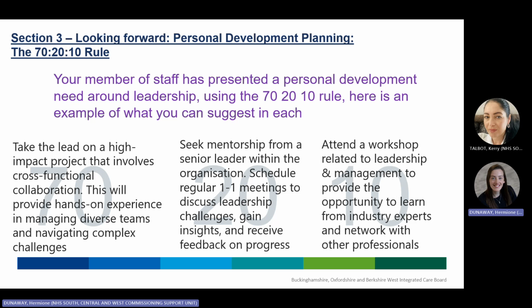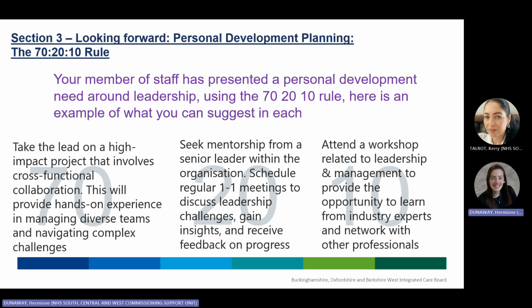It outlines that 70% of learning comes from on-the-job experiences, such as challenging assignments, everyday tasks, learning from mistakes, and improving the quality of our delivery. 20% of learning comes from interactions with others, including mentoring, coaching, and providing feedback. 10% of our learning comes from formal education, such as training courses, workshops, and seminars.